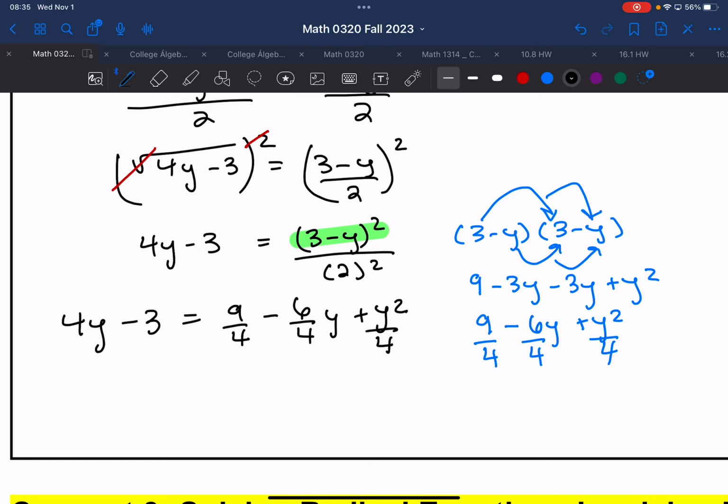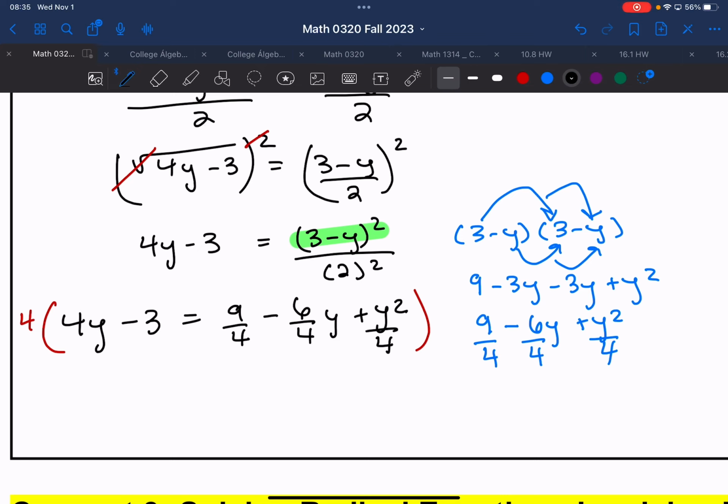How could I get rid of those 4's? What could I do to both sides of this equation to get rid of my fractions, those 4's in the denominator? Multiply by 4. Good. Multiply both sides by 4. So this entire problem is being multiplied by 4.